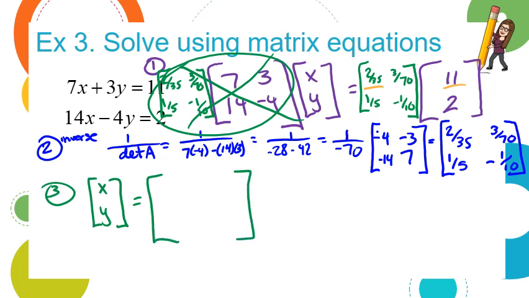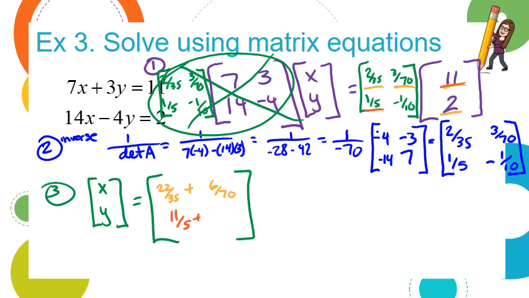Okay, that's going to get me to 22/35ths, and I need to add 3/70ths times 2, which would be 6/70ths. All right, next I need to take 1/5 times 11, which would be 11/5ths.